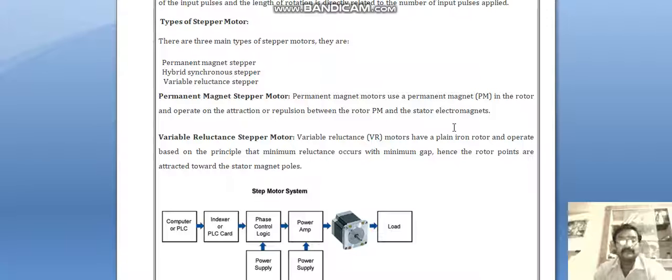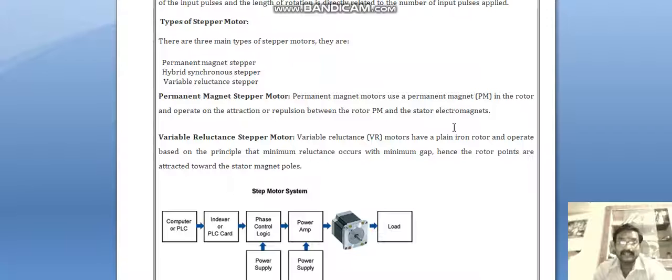We are giving supply to the stator, and we are using the rotor as the permanent magnet. Based on the repulsion or attraction, the motor rotates in both directions, either clockwise or anti-clockwise, based on the signal we are giving to it.